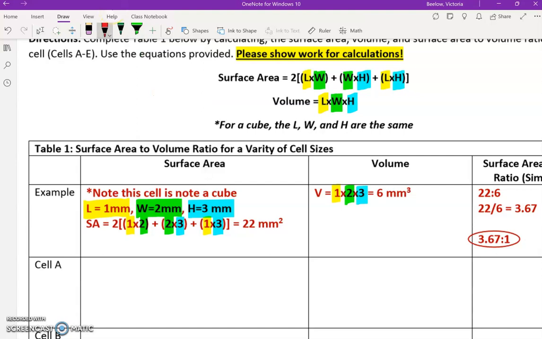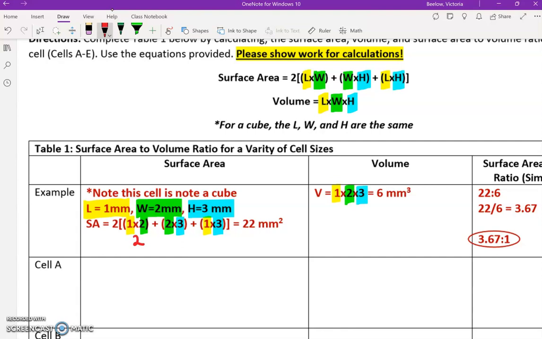And then I did my calculations. So for this equation here, you're basically multiplying every variation together, okay? So the length times the width, the width times the height, and the length times the height. So you're going to multiply those first, then you're going to add them, okay?